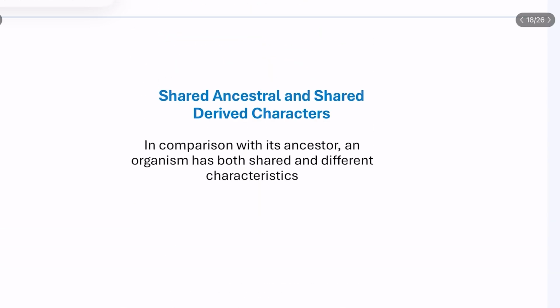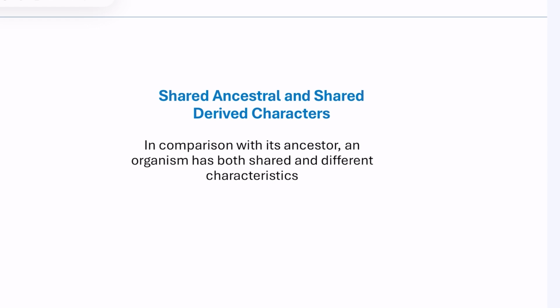Now, we will discuss shared ancestral and shared derived characters. What are the characters shared with the ancestor, and what are the characters that are derived, found only in the descendant? Descendant and taxon, you can say these are the same.